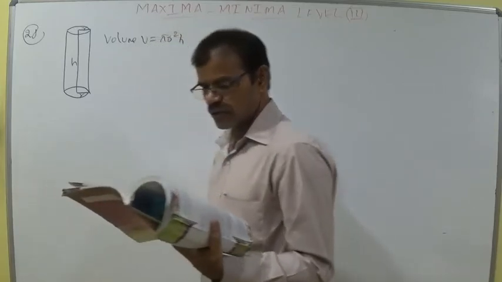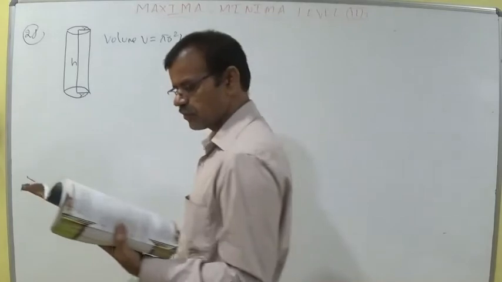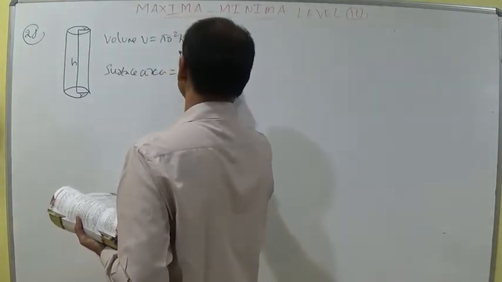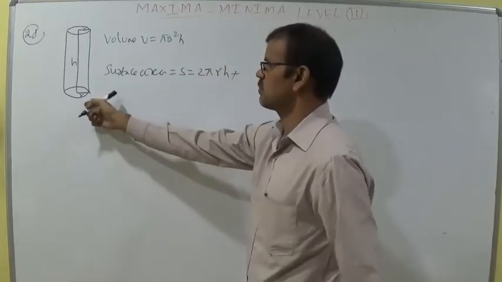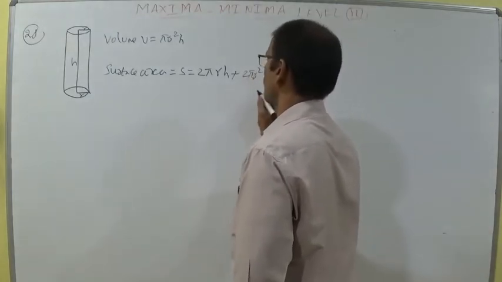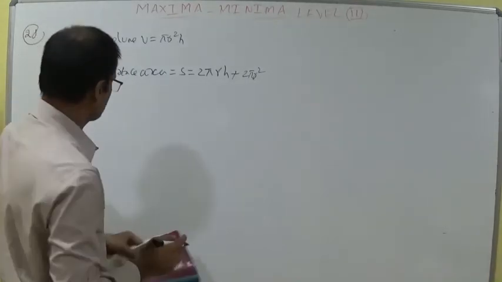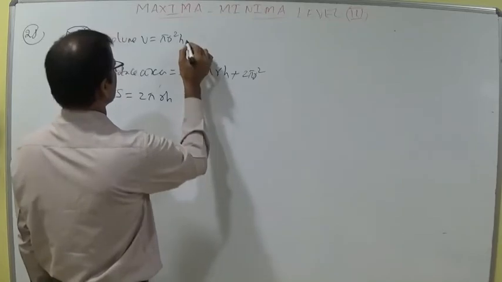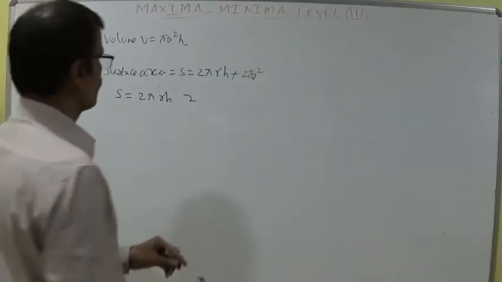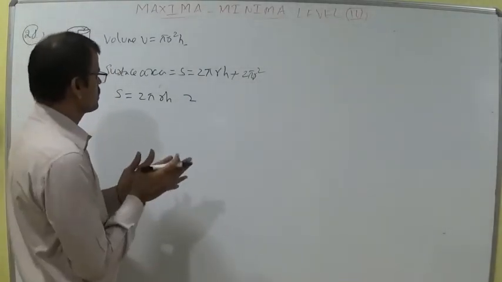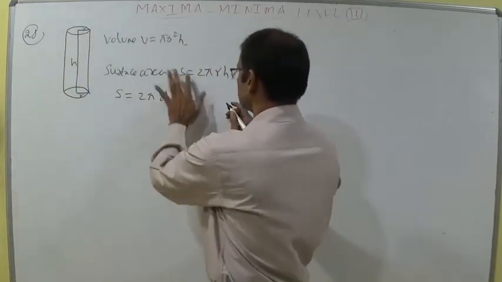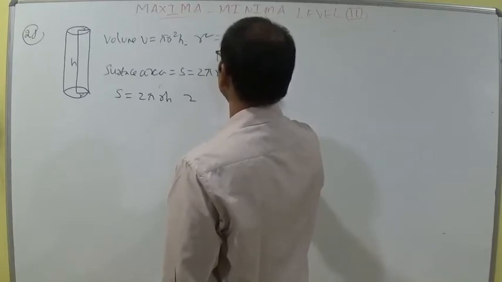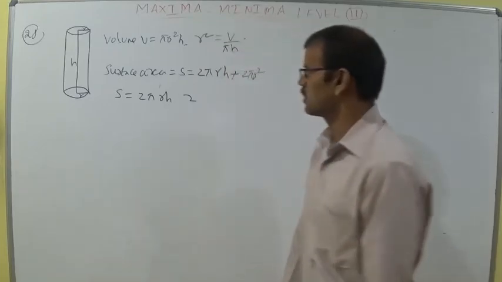Using V, you can write r square is equal to V by pi h, otherwise h is equal to V by pi r square. Anyhow we can get the answer.